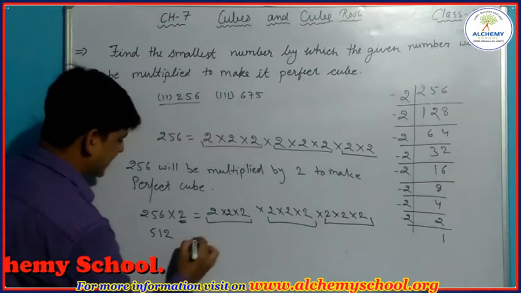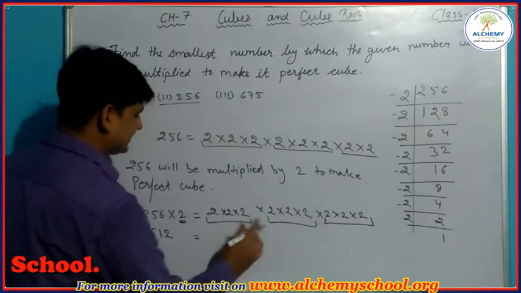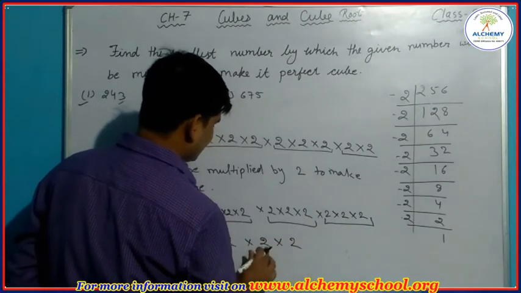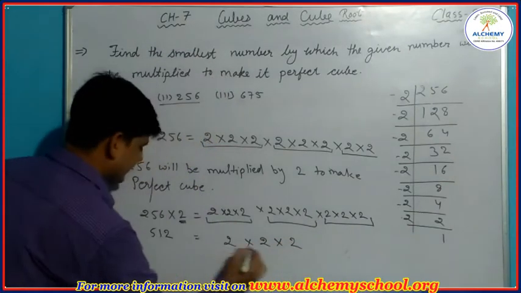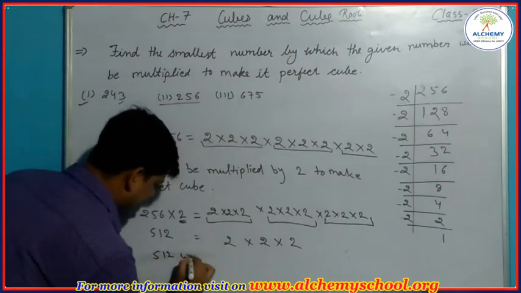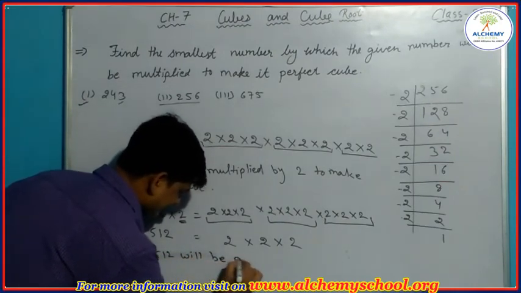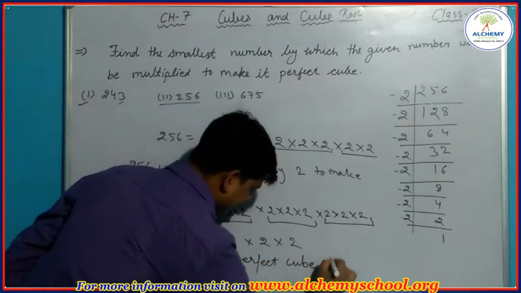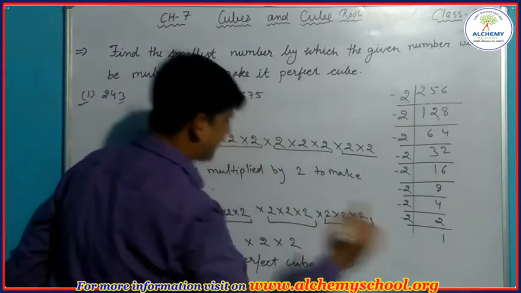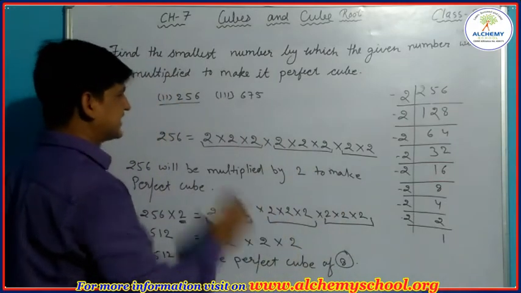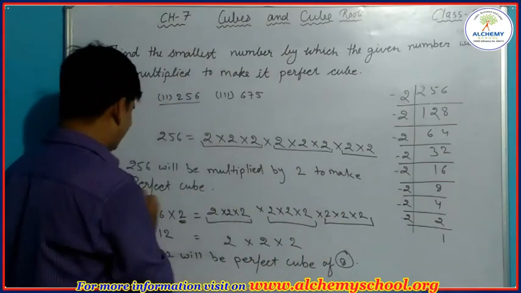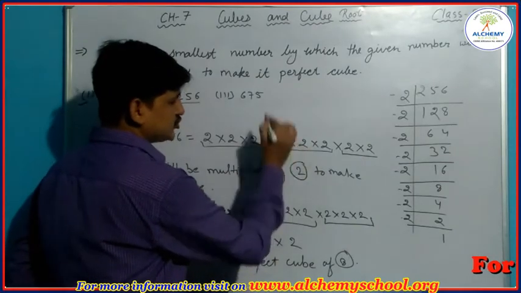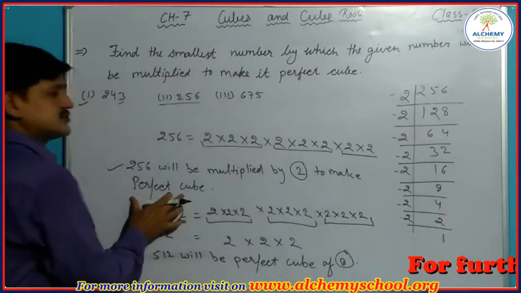We get 512, and 512 will be the perfect cube of 2 into 2 into 2, 2 2s are 4, 4 2s are 8. So 512 will be the perfect cube of 8. We have to find the number by which the given number will be multiplied, so easily we have written our answer: 256 will be multiplied by 2 to make it a perfect cube.